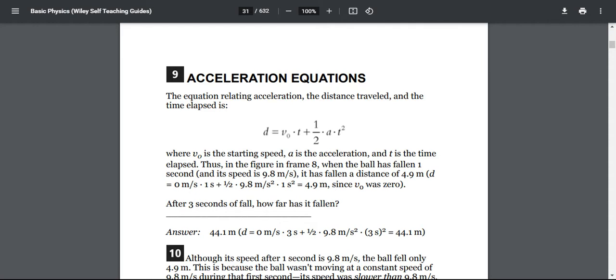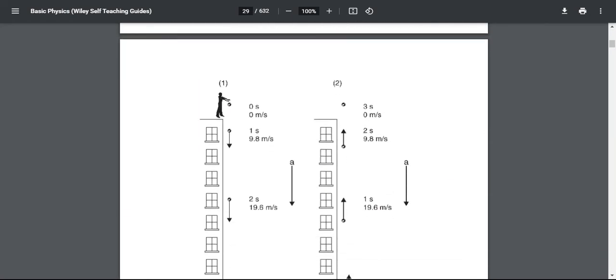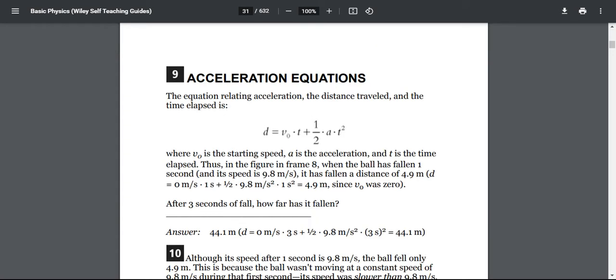Now that you've got all of this, let's use this figure and the previous concept. When the ball has fallen for 1 second and its speed is 9.8 m/s, it has fallen a distance of 4.9 m.